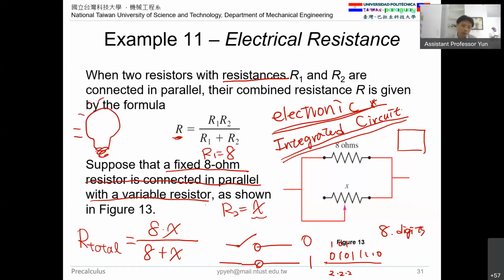Because the electrons pass through a certain resistance. The electrons pass into certain materials, which have certain resistance. Resistance means that when electrons pass into these materials, they move slowly from this point to this end here, right?